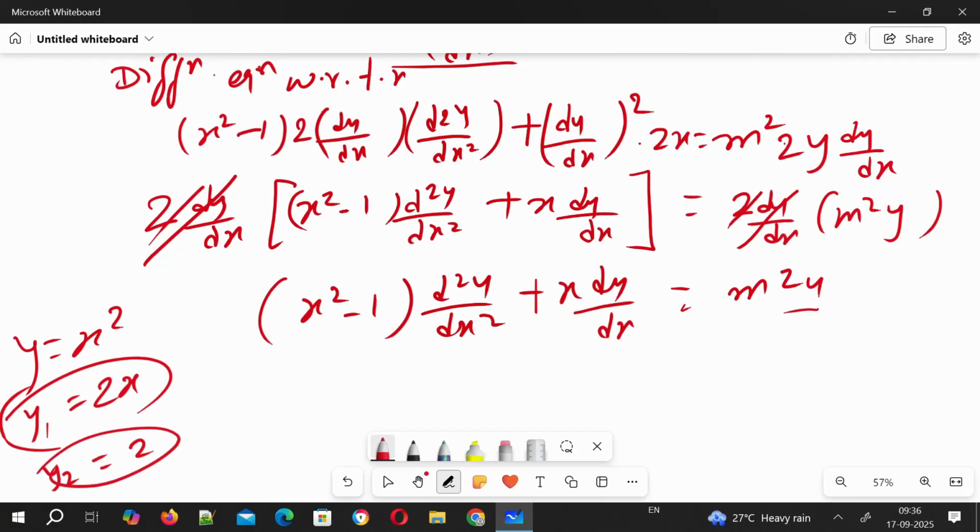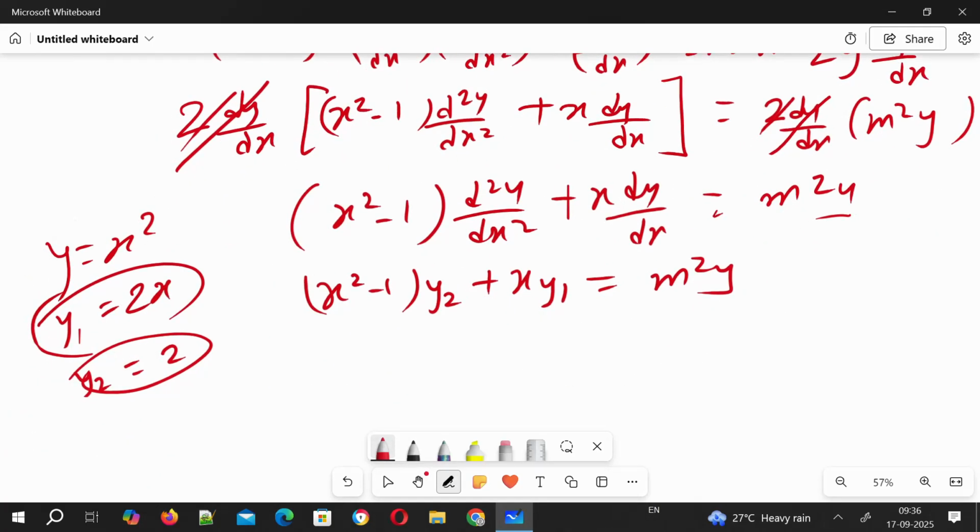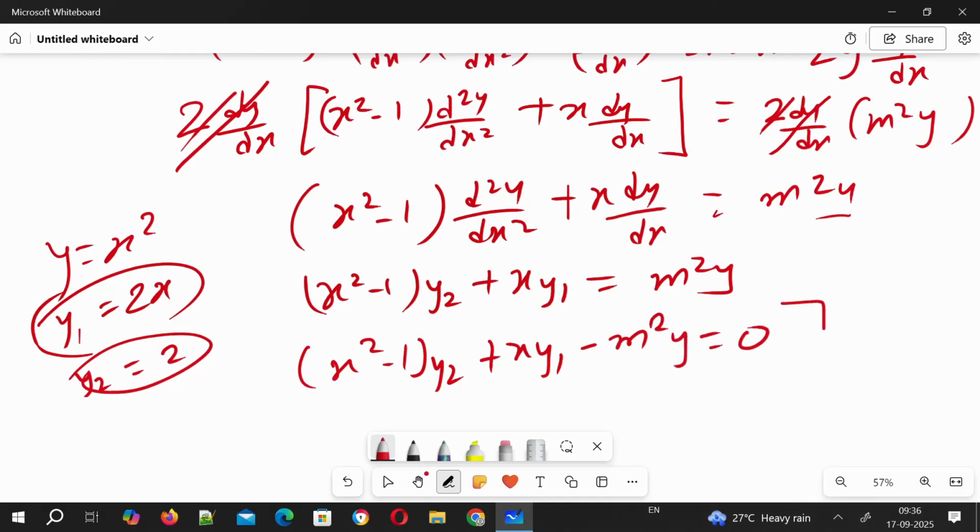So (x square minus 1) y2, and in the term of dy by dx, you can write x y1, equal to m square y. So once m square y comes to this side, y2 plus x y1 minus m square y equal to 0. So this equation will be proved.